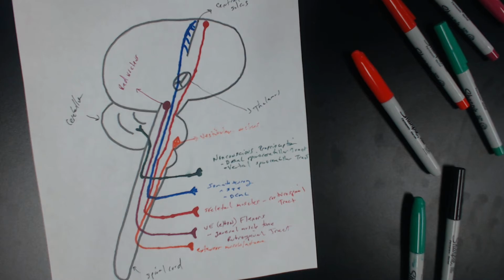So think paraspinal muscles, glute max, quads. Okay, things that hold you up against gravity. This is a big one for me when I'm working with patients who I can't communicate with. I know that if I get them upright against gravity, just by using this tract, it's automatic. I will get their extensor musculature to fire.